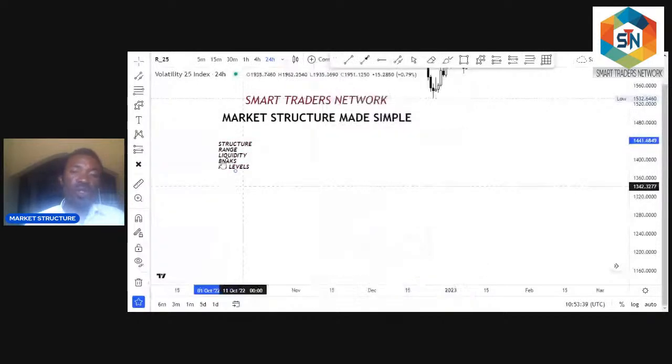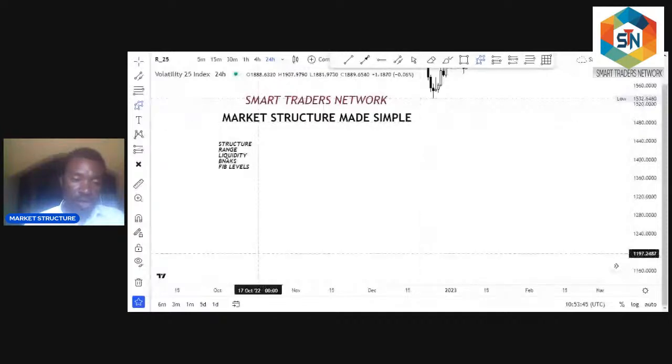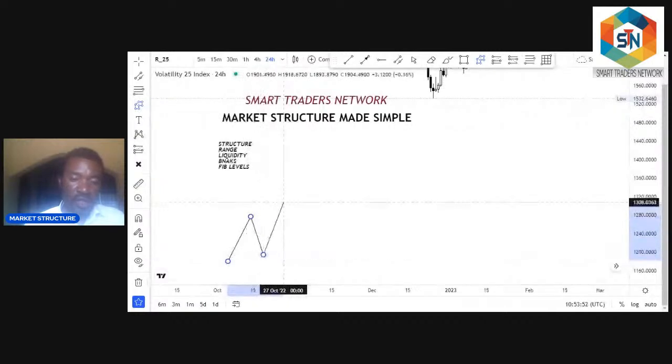So first, you want to consider the structure. Like I said when I started, is the structure bullish? You want to wait for price to trade down to a discount zone, then you want to get in on the discount zone. I've taught how to get the discount zone in my previous videos.